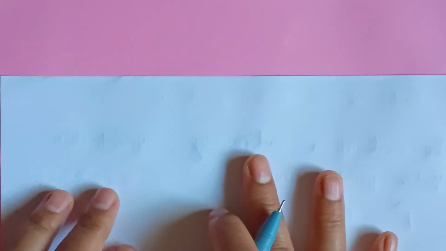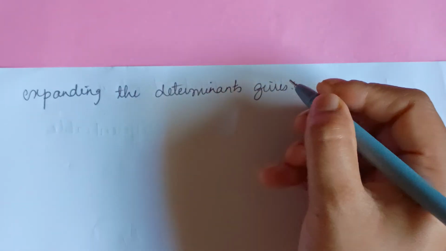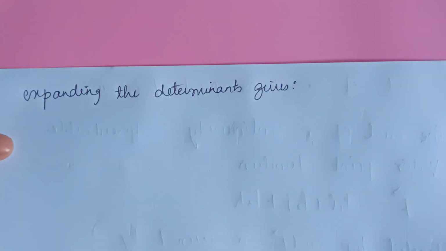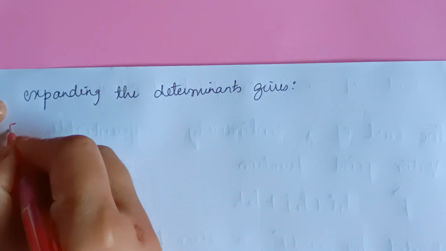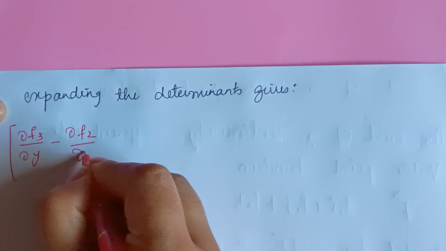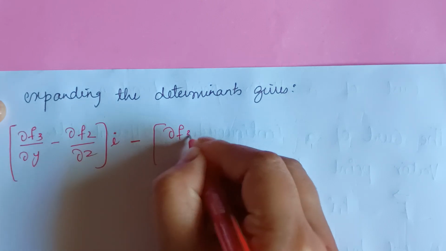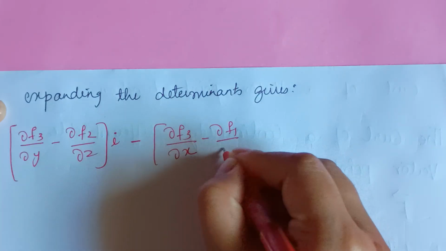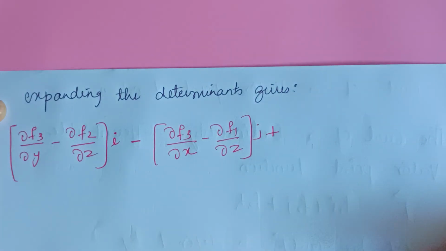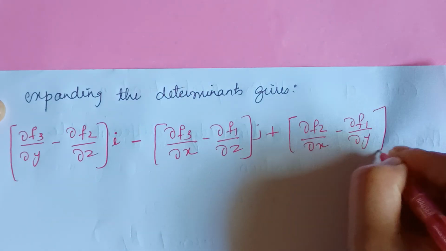Now expanding the determinant gives: ∂f₃/∂y minus ∂f₂/∂z times unit vector 𝐢, minus ∂f₃/∂x minus ∂f₁/∂z times unit vector 𝐣, plus ∂f₂/∂x minus ∂f₁/∂y times unit vector 𝐤.